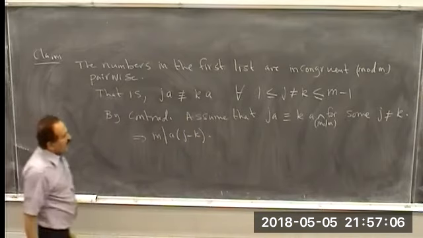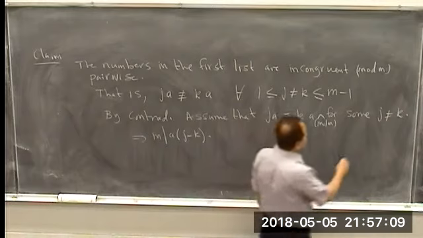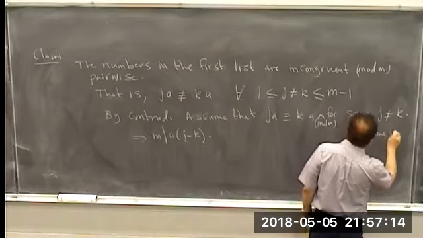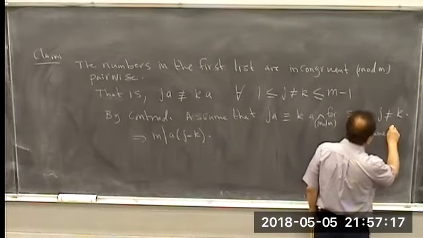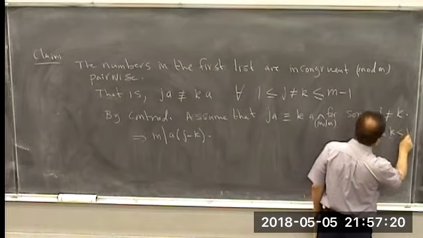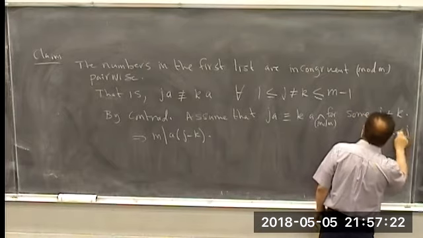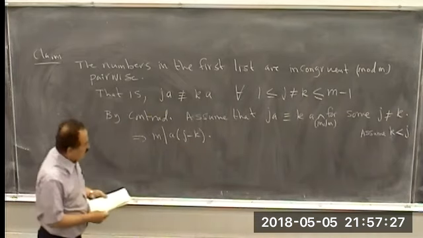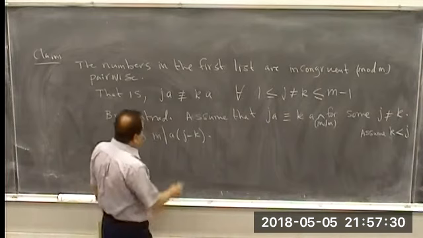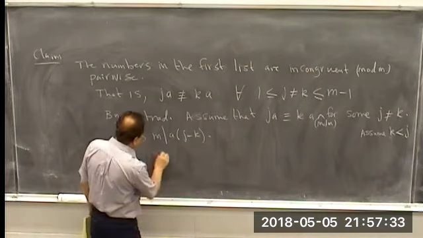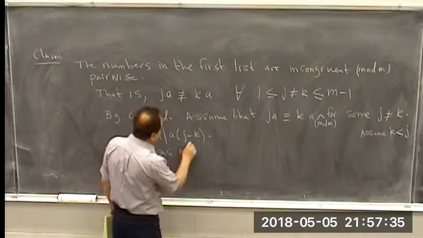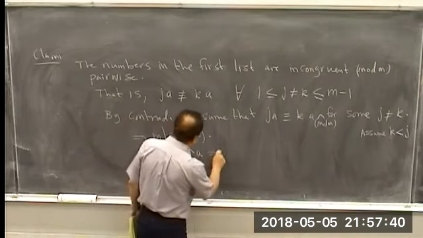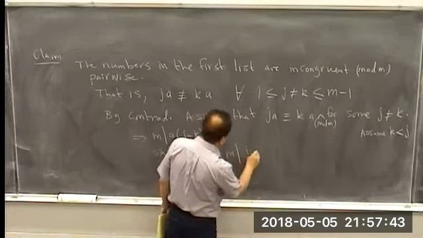All right, just for simplicity here, let's assume that k is smaller than j. Since they are not equal, one must be smaller than the other, so let me take that k is actually smaller. Now, since m does not divide A, they are relatively prime, this implies m must divide j minus k.